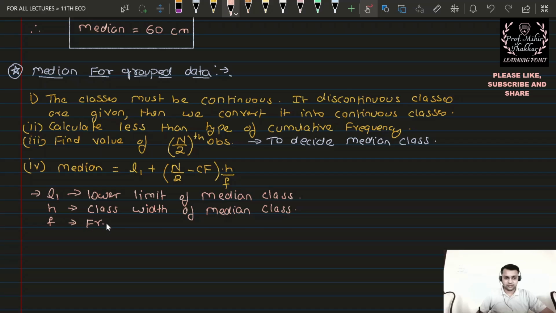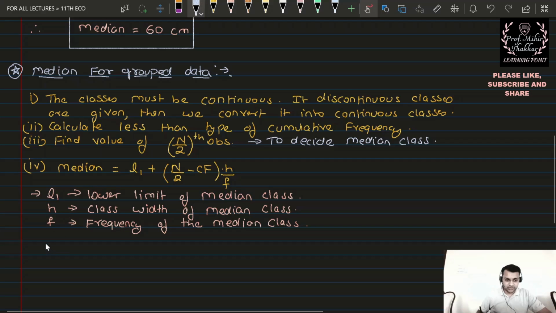F is the frequency of the median class. N, you already know, it is a total frequency. The important point over here is the CF value.